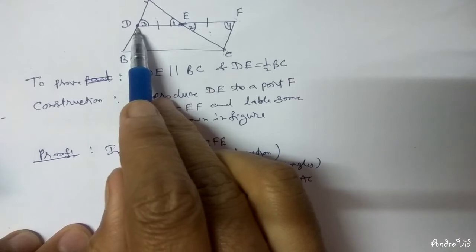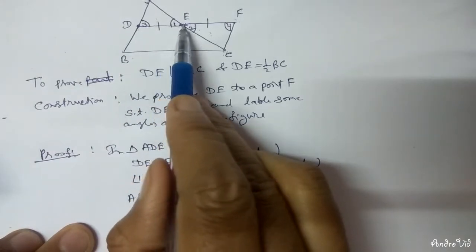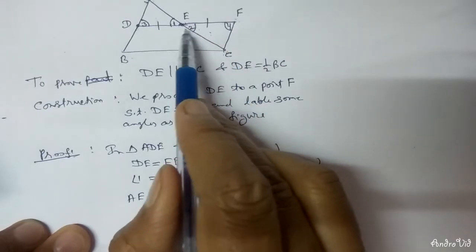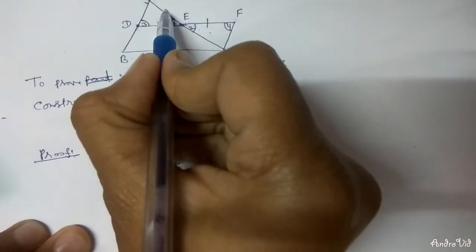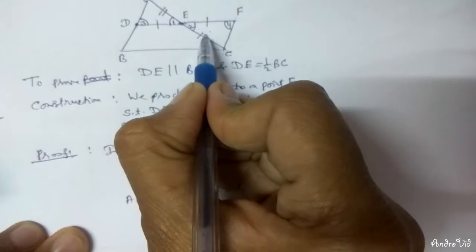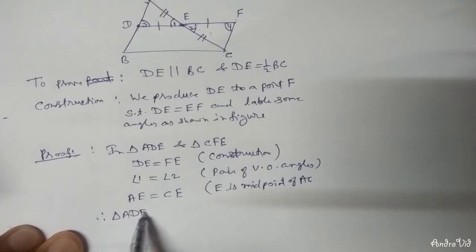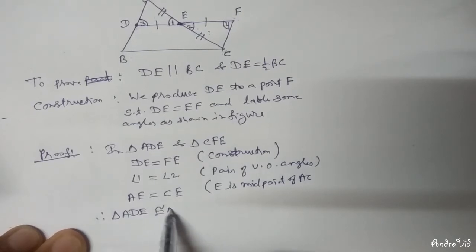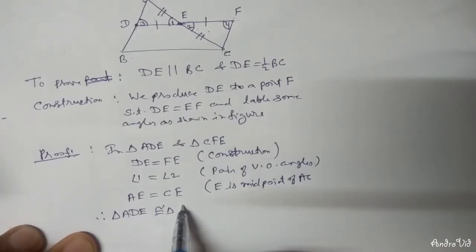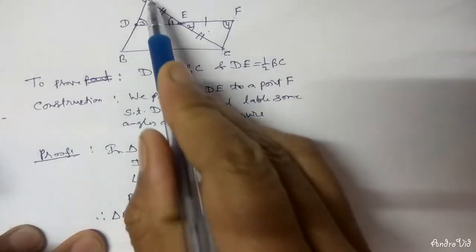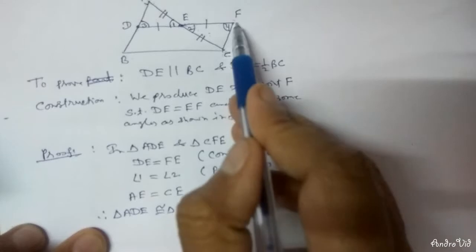Therefore here side angle side congruency is applicable. Therefore triangle ADE is congruent to triangle CFE.